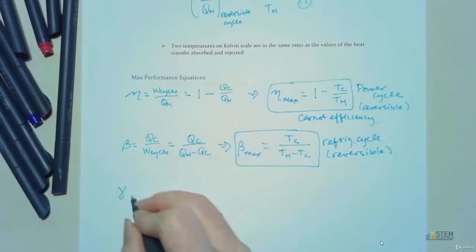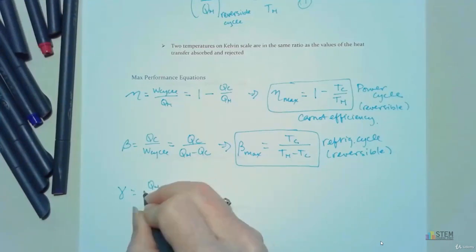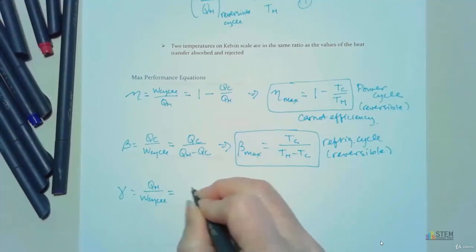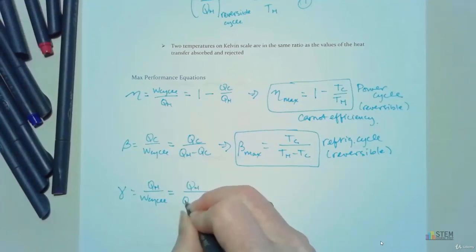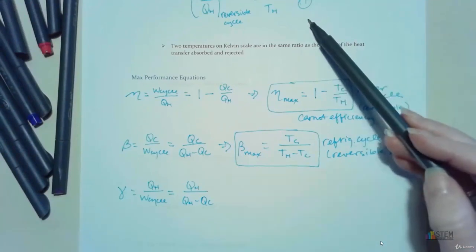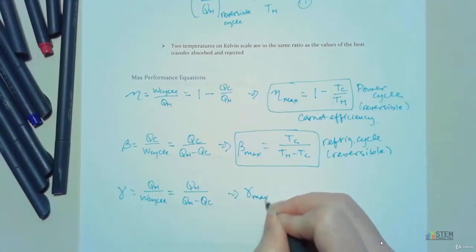Finally, our heat pump, remember that variable was gamma. So we're going to have QH over the work, and that equals QH over QH minus QC. Now using your relationship again from up here, from that equation 1, we can get gamma max.